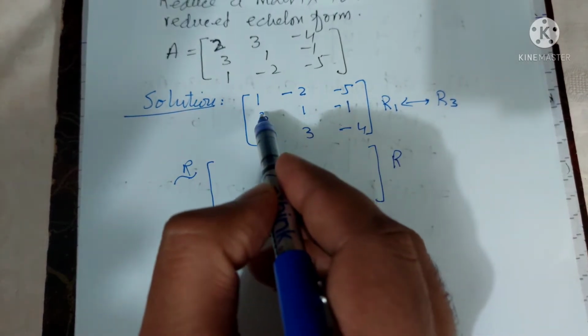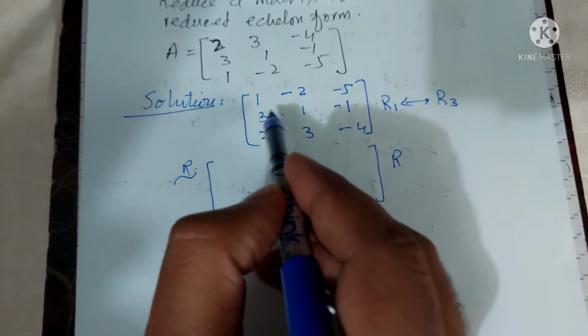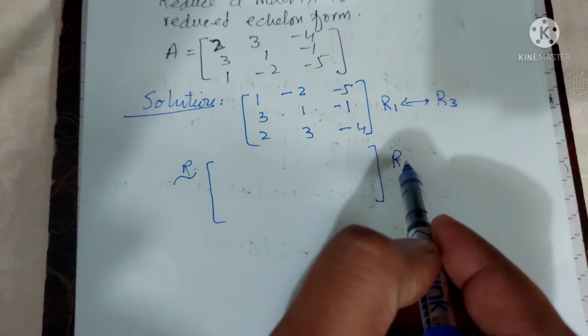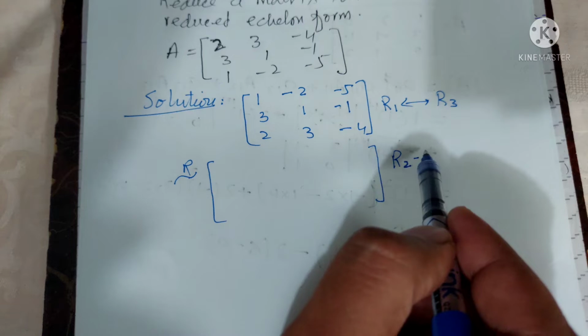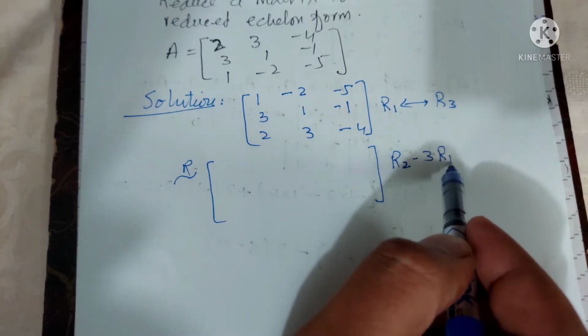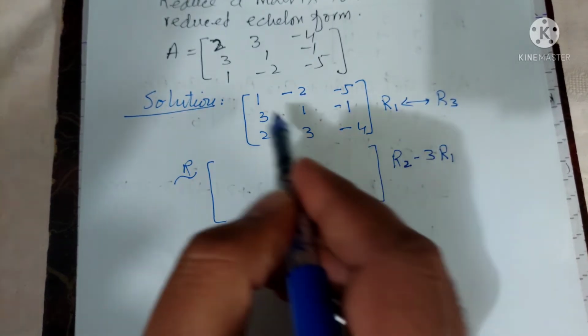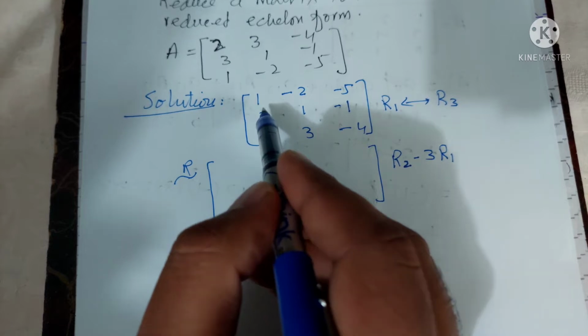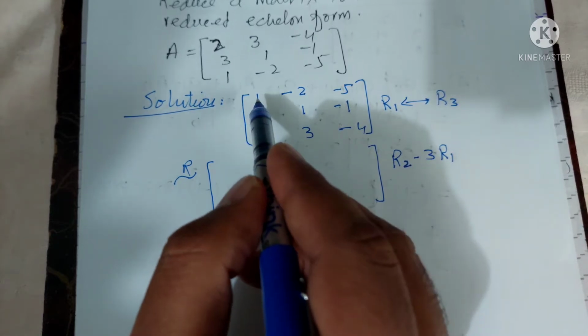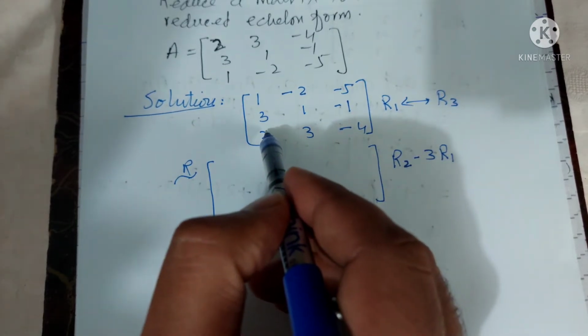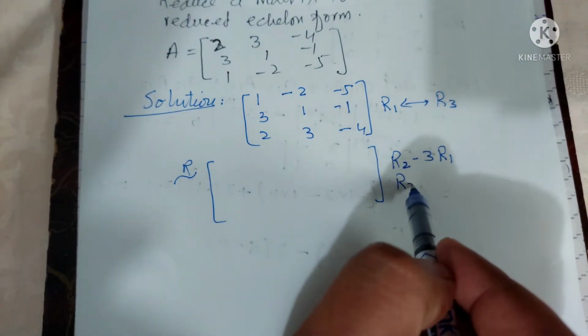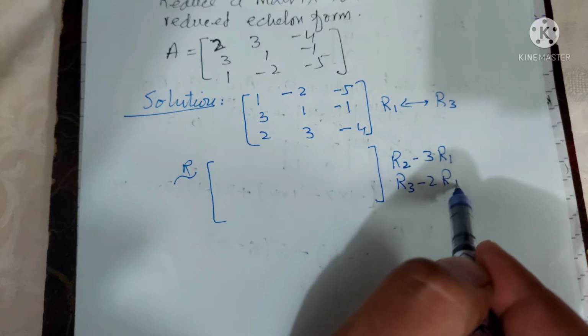Since we have to make that 3 zero, in row 2 we have to write R2 minus 3 R1. It means that we have to multiply 3 with R1 and subtract the result from row 2, so it will be 0. And to make that 2 zero, we have to write R3 minus 2 R1.